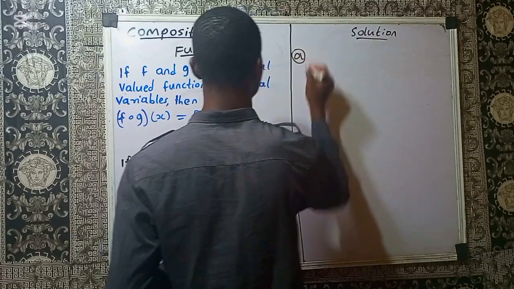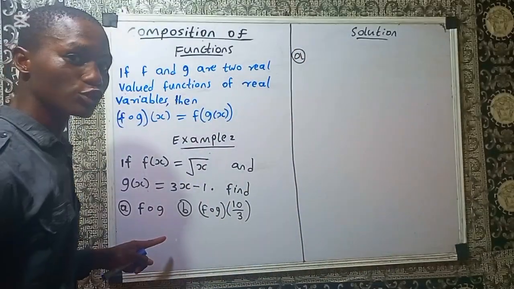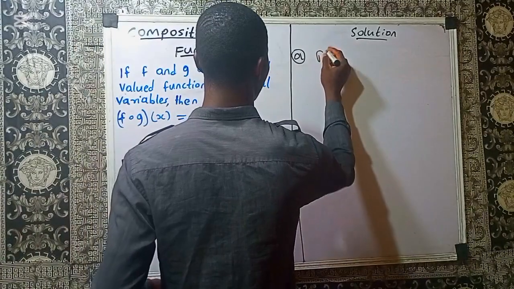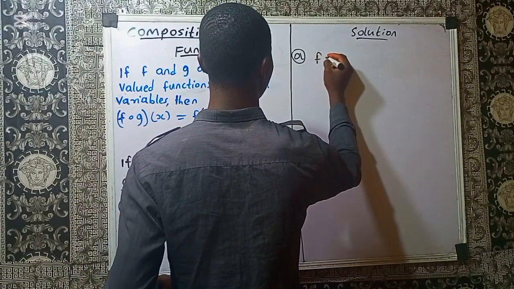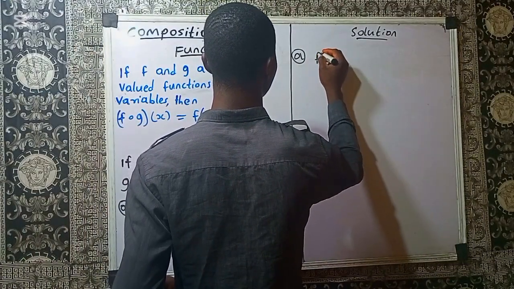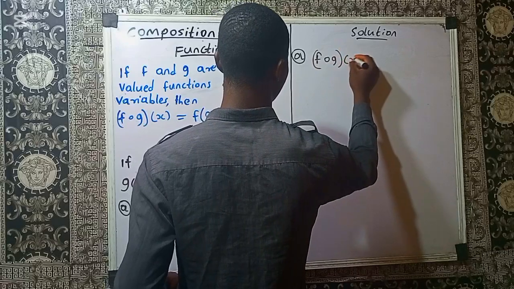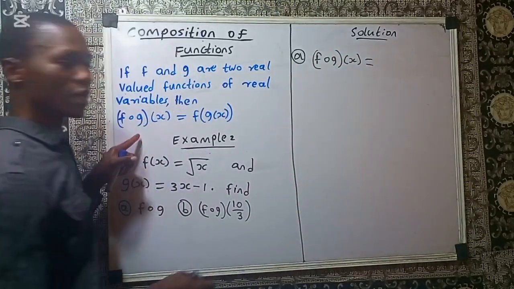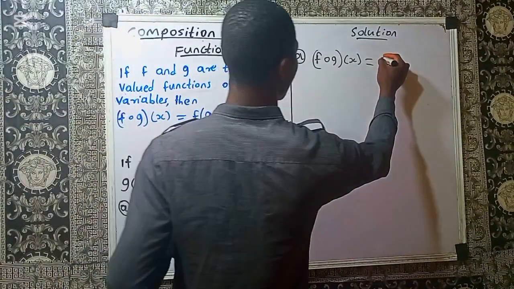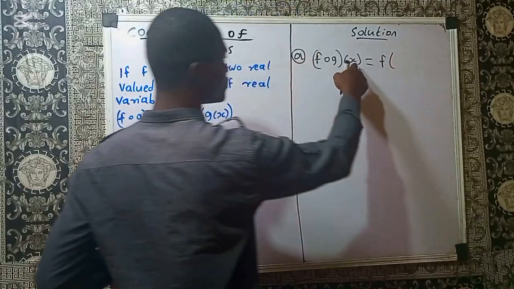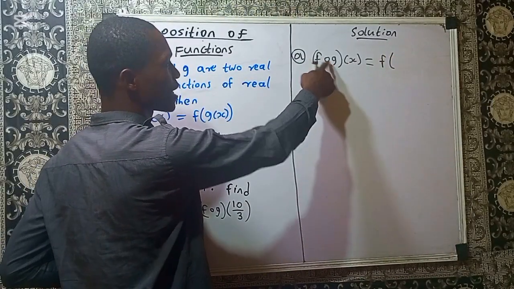For the a part, we want to get f composition g. We know from the definition that f composition g of x is f of g of x. You are putting the second function inside the first one.